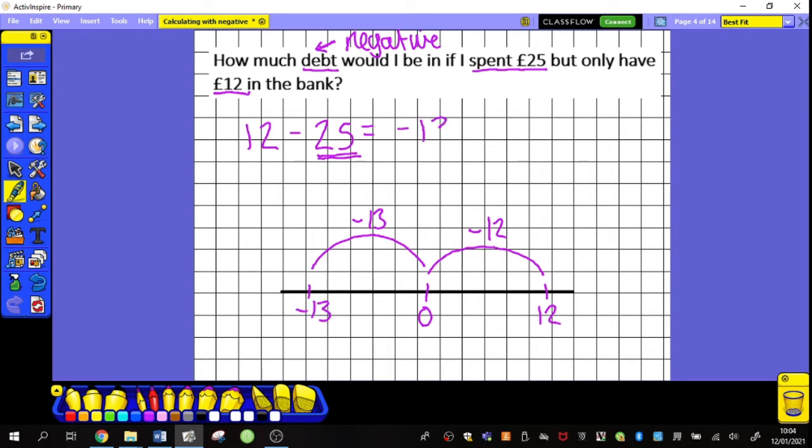So I would be in minus £13 of debt. So I'll keep that there. I'm going to write here minus £13 debt. Do not forget your units.